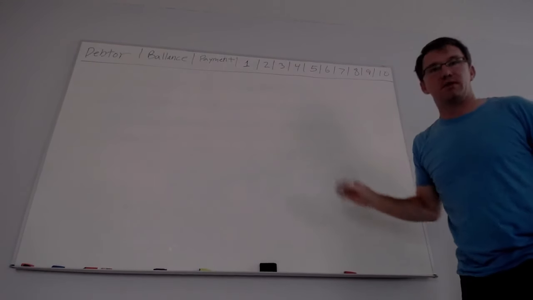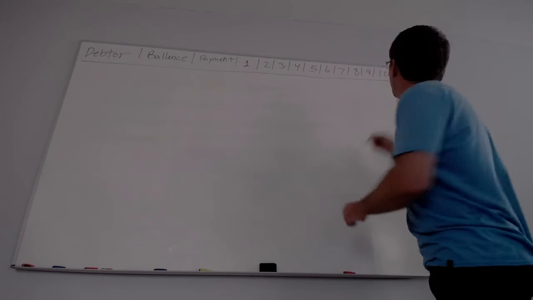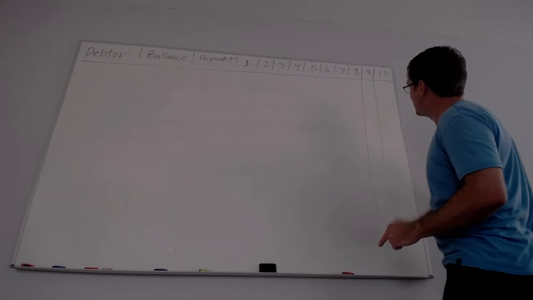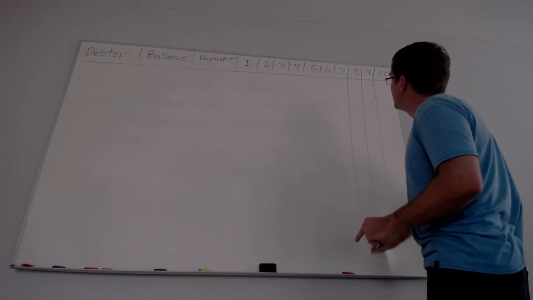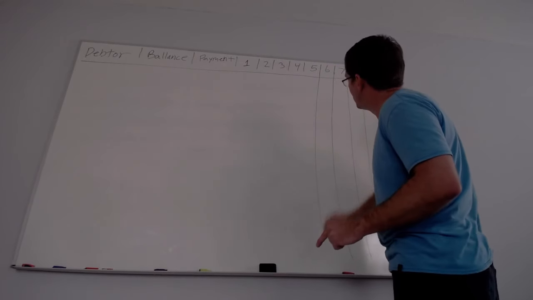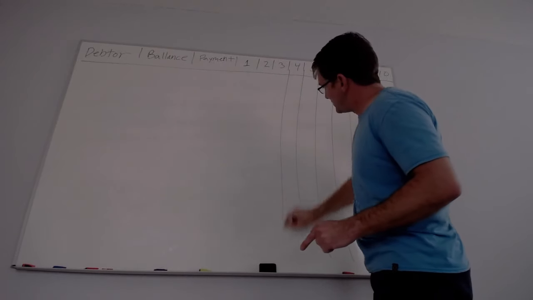Okay, so we go out 10 months. Sorry, I was going to try to squeeze in a full year, but I can't. All right. Make a big grid. That's all you've got to do. Probably not very straight lines.